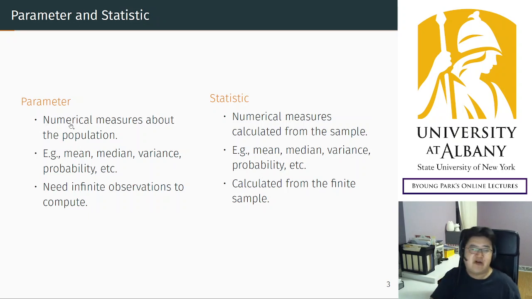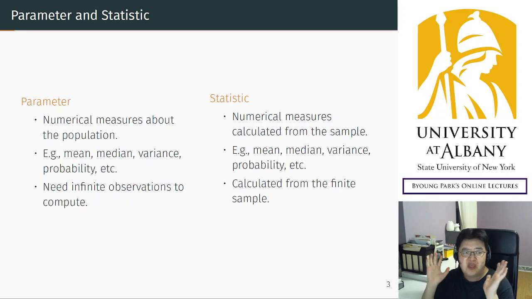In chapters 5 and 6, parameter was used with a different meaning. In the binomial distribution and in the normal distribution, parameters are a few numbers that fully summarize the information in the distribution. But now we are going to use the term parameter in a slightly different way.